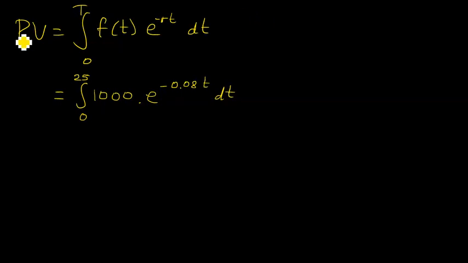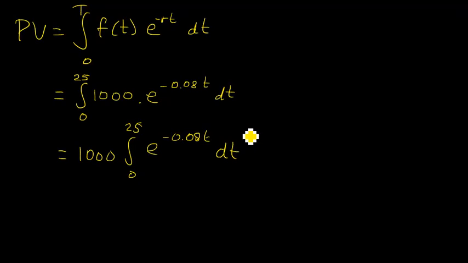Because we have a coefficient here, we can put it outside to make it simple: e to the power of minus 0.08 t dt.